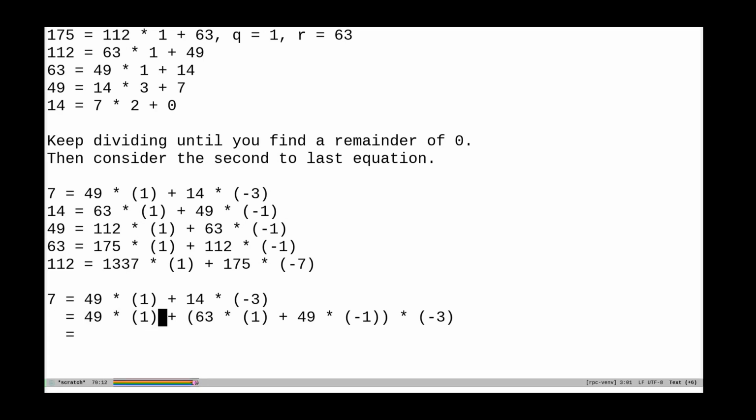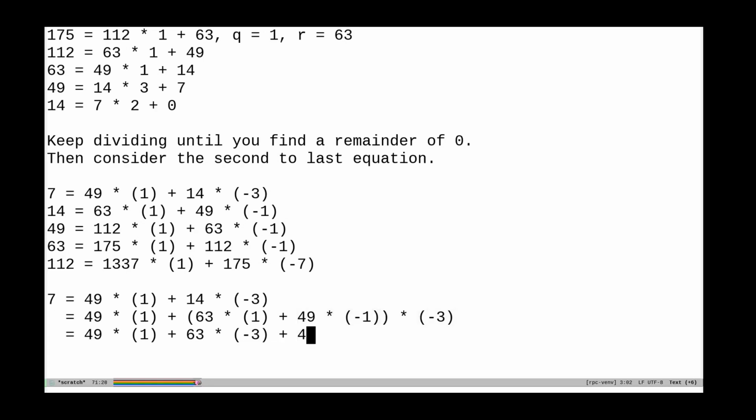So here I have 49 times 1 plus. Here I have 63 times 1, but then this is times minus 3, because this is a parenthesis. So essentially I have 63 times minus 3, because I just multiply the number in the parenthesis. And then I have 49 times minus 1, everything times minus 3.